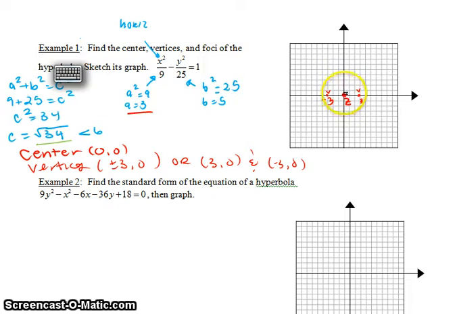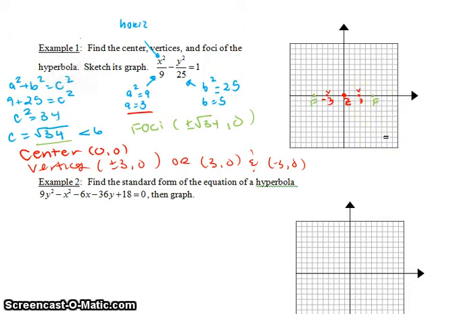So I'm going to go over square root 34, which was a little less than 6. So that's where my foci are. You go minus 1, 2, 3, and I have my other foci. So the foci are at plus or minus square root of 34 comma 0. Again, it's at plus square root 34 and minus square root 34, and I'm writing the exact value here. I use the approximate for the graph.